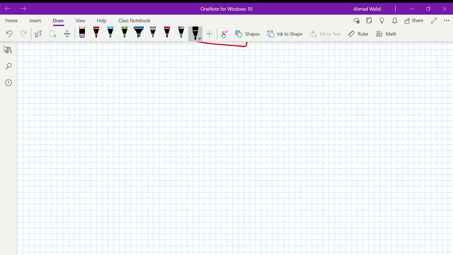Now, writing the equation, let's talk about perpendicular lines.